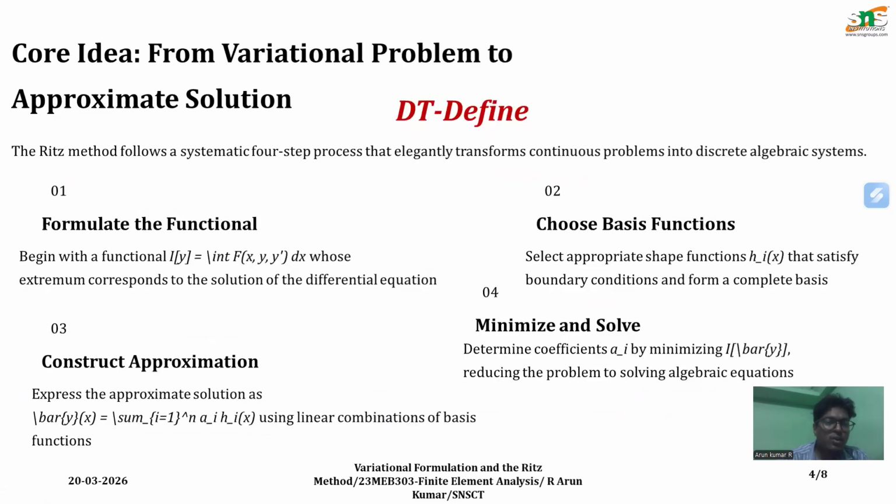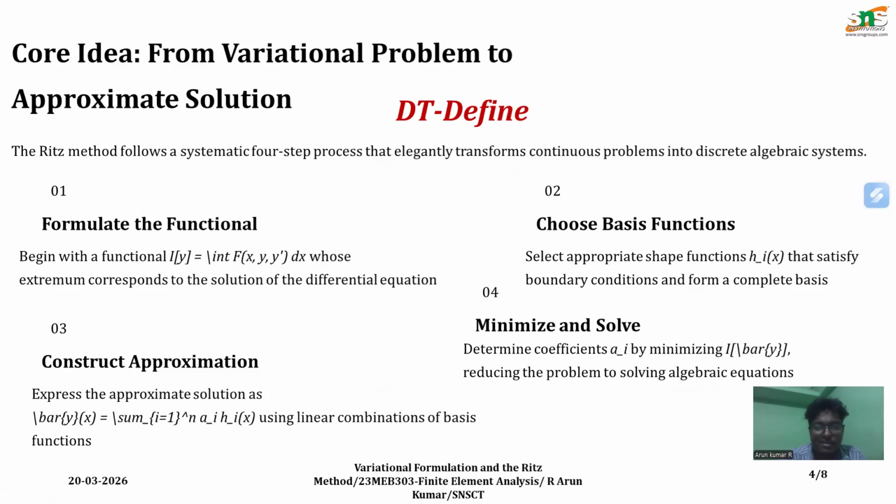So what is the core idea, from the variational problem to the approximate solution? The Ritz method follows a systematic four-step process, an elegant transformation of a continuous problem into a discrete algebraic system. The first one is to formulate the functional, whose extremum corresponds to the solution of the differential equation.